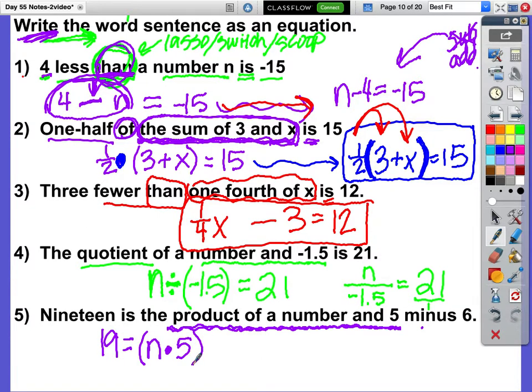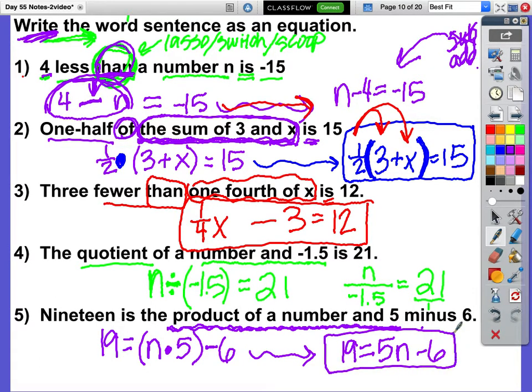We're going to clean that up in a little bit, but let's just get down our information first. Okay? Clean it up a little bit, and we know how to make this a little more middle school and not so 6th grade. We got this. 19 equals a number times 5. N times 5 is just 5n. And then we bring that minus 6 down.